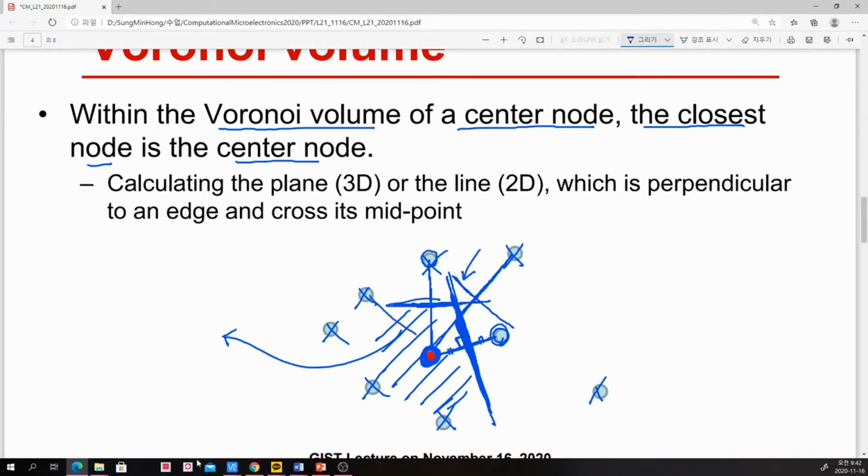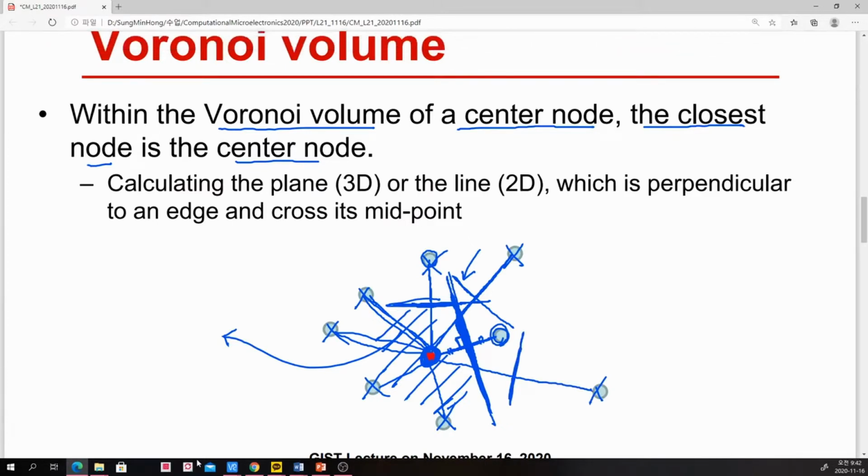So for every pair or every edge, we can draw the edge, take a midpoint, and draw a perpendicular line. When we collect all of these lines and find the polygon generated by these lines, it will eventually give us a volume, in this 2-dimensional case an area, which corresponds to the Voronoi cell.